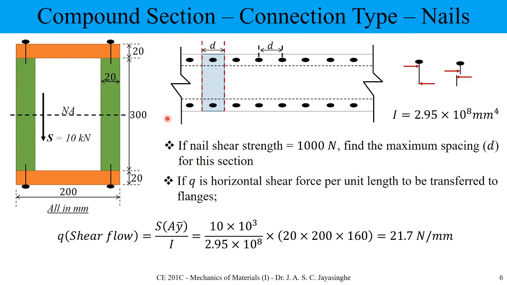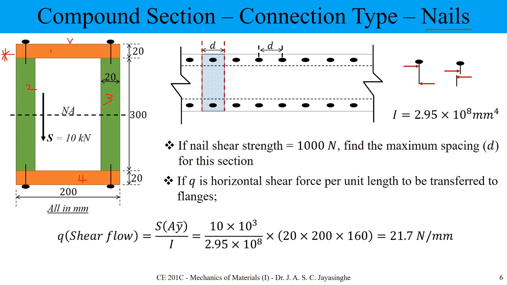When you come to here, I'm going directly to examples. So we are here going to talk about three types of connection. The first one is nails or bolts. Both we can use, but here I'm using nails. Okay. So think about our example like this. This is a wooden section. We have four parts, 1, 2, 3, 4, and here we can see we are using nails to connect these.